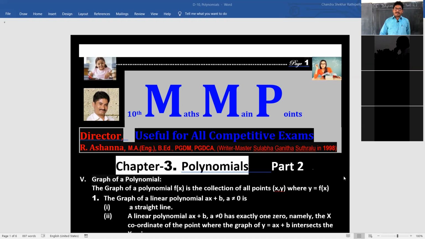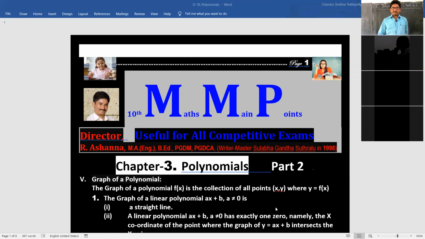Yes. A polynomial of degree 1 is called dash polynomial. Linear polynomial. Yes, very good. A polynomial of degree 2 is called dash polynomial. Quadratic polynomial. A polynomial of degree 3 is called dash polynomial. Cubic polynomial. Okay, very good.